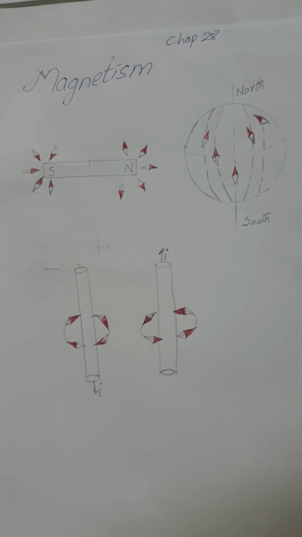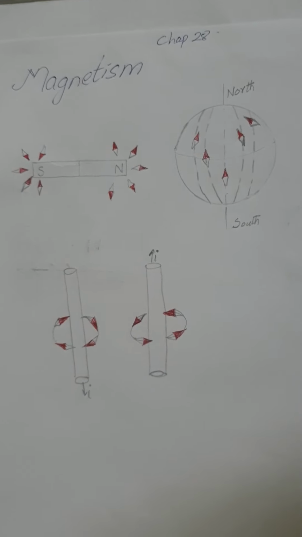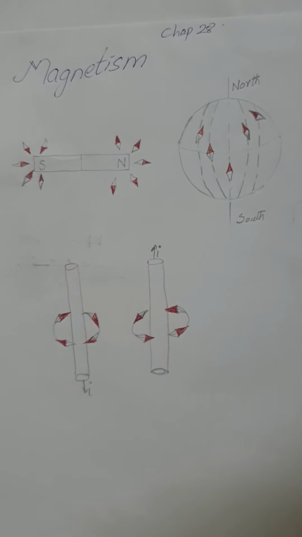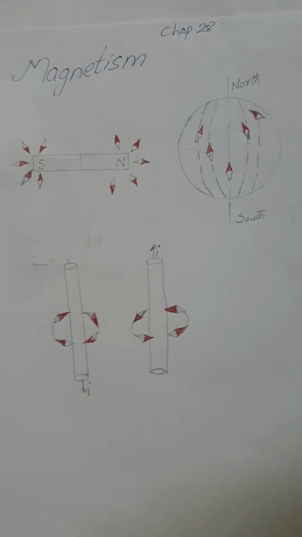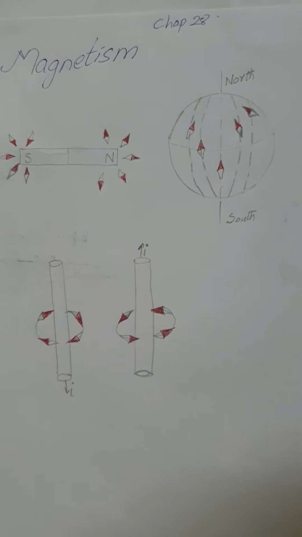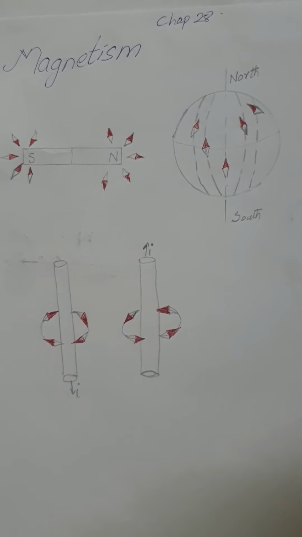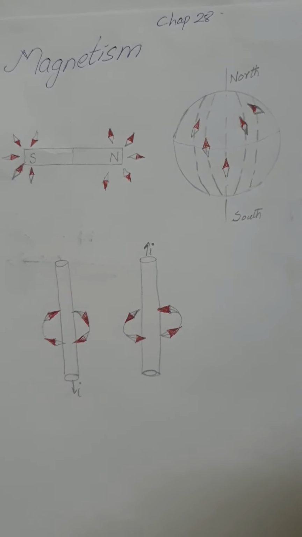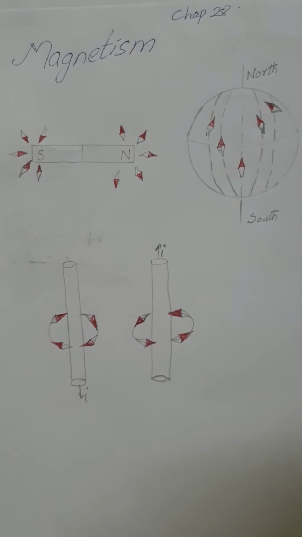As early as the 8th century before Christ, the Greeks had discovered a mineral called magnetite or lodestone, which is an oxide of iron, and it has the property to attract a piece of iron but does not exert a measurable force on most other materials.